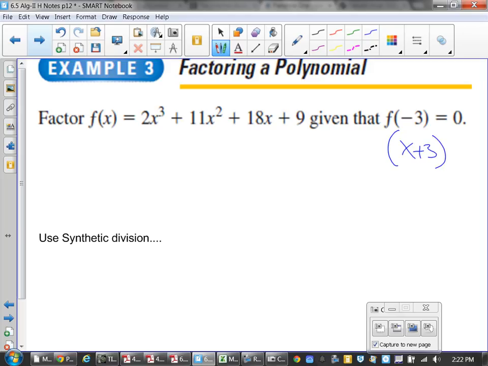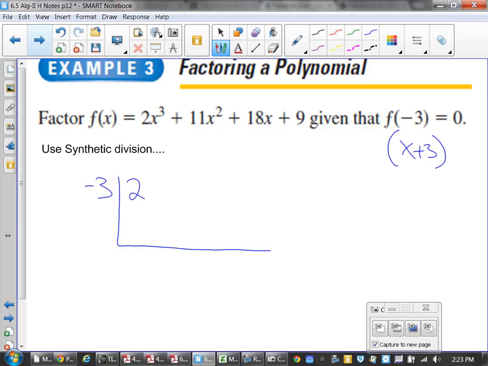I want to get you guys in the habit of writing down, if you're given a term, what's the zero? If you're given the zero, what's the term? It's going to make 6.7 easier. So if I use synthetic division, I'm dividing by my zero, -3, with coefficients 2, 11, 18, and 9.